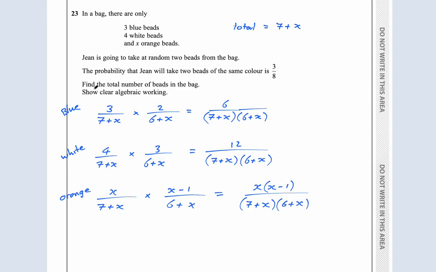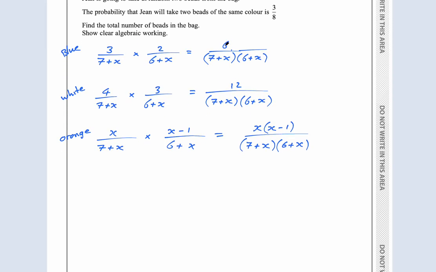Now it says that the probability that she will take 2 beads of the same color. So it could be blue or white or orange. I need to add these up to get the probability, which is 3 over 8. So I'm going to add this plus this plus this. Because the denominators are the same, I can just add the numerators.